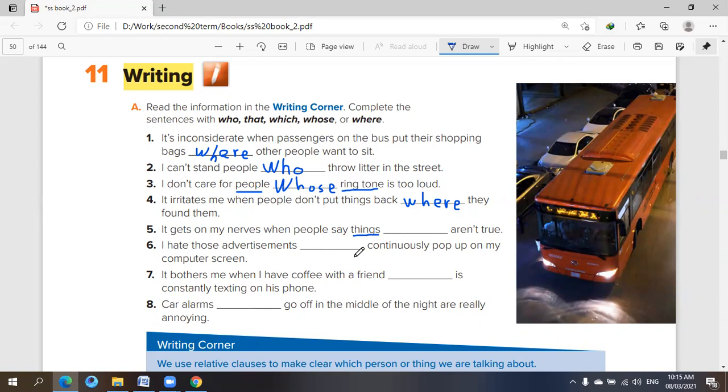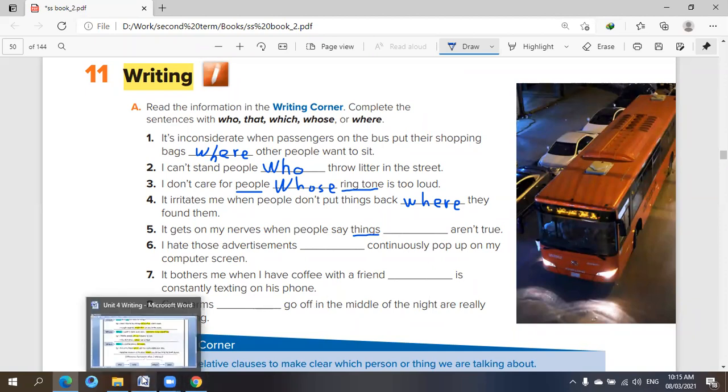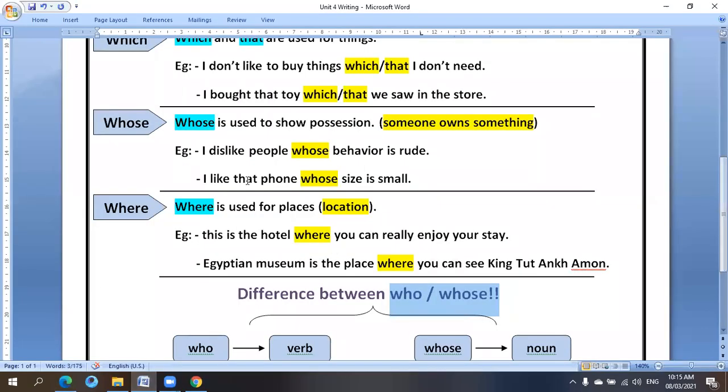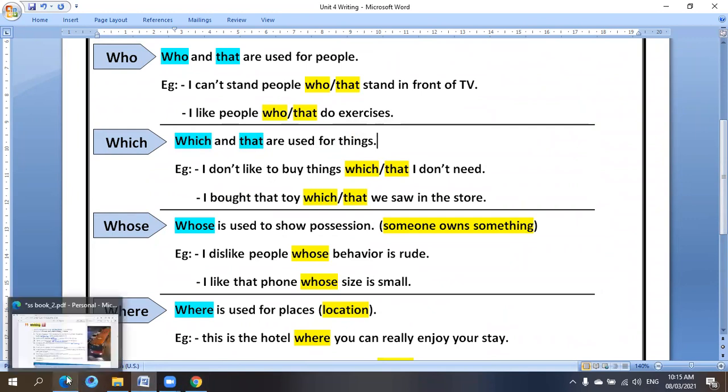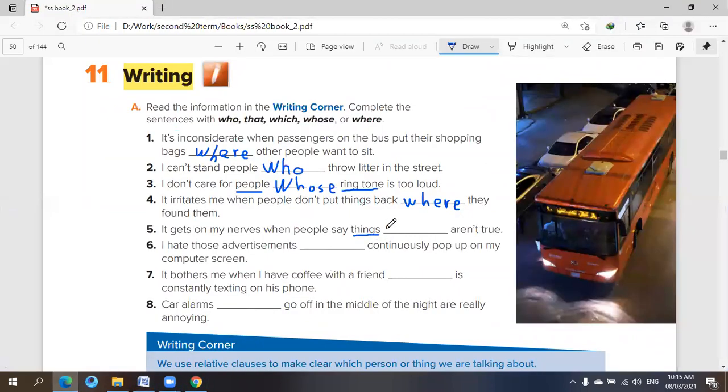What do we use with things? Who, which, whose, or where? With things we use which or that. Focus more, okay? So here we can use which or that. We can say that or which, both are right.